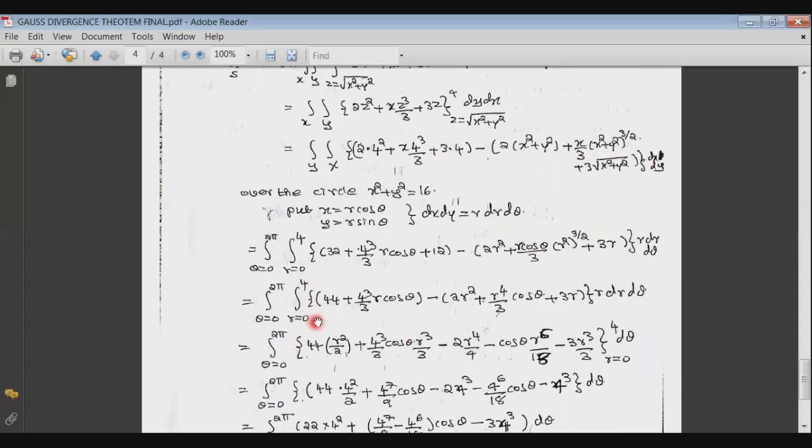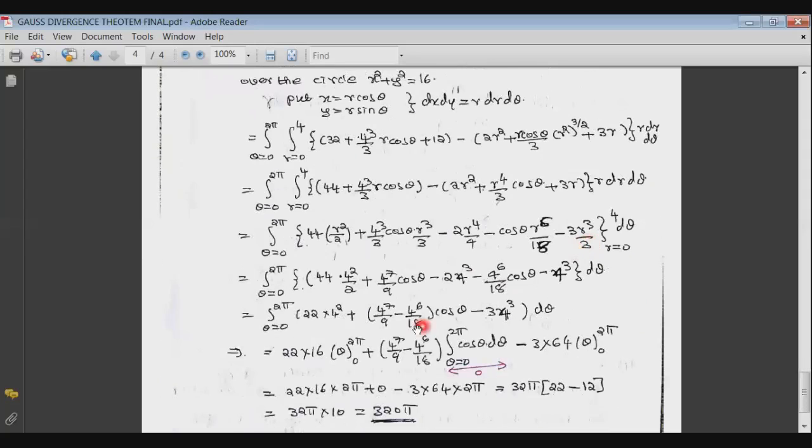Now r varies from 0 to 4 and theta varies from 0 to 2 pi. And this is 32 plus 12, that is 44, plus 4 cubed by 3 r cos theta, minus 2r squared plus r raised to 3 into cos theta, and this 3r as it is, that is r dr d theta.